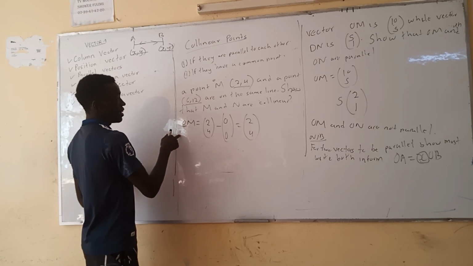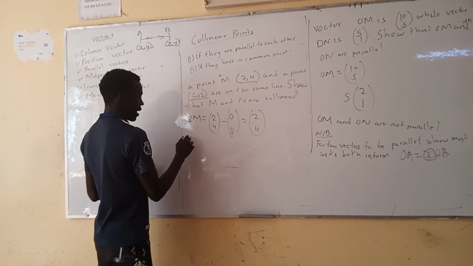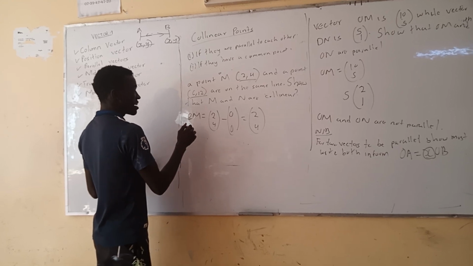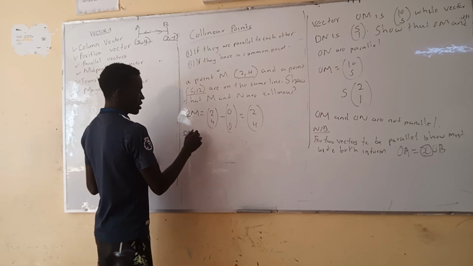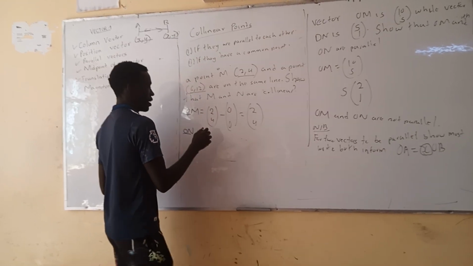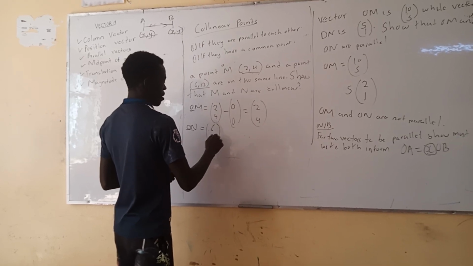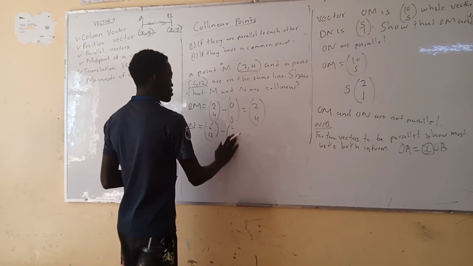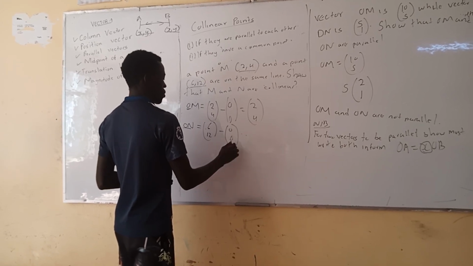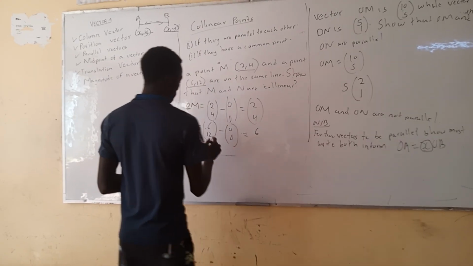Again, I'll take origin with respect to N, so I'll get vector ON. Someone else can decide to get MN, but I want to get ON. So ON is the point 6, 12 minus 0, 0, which is 6, 12.